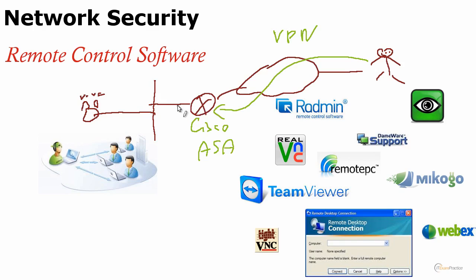What do you do next? Well, if this is a Cisco access point, you can just telnet to it, right? SSH to it. That's absolutely fine. What if that's not an access point, but it is a server?